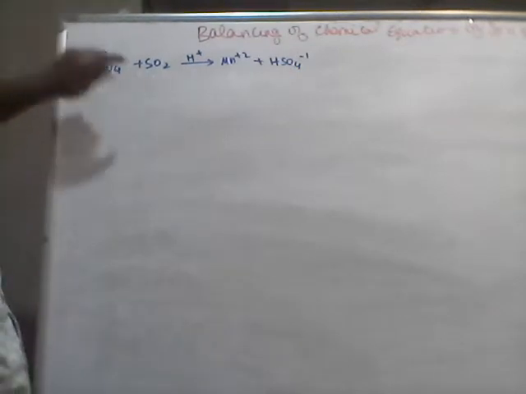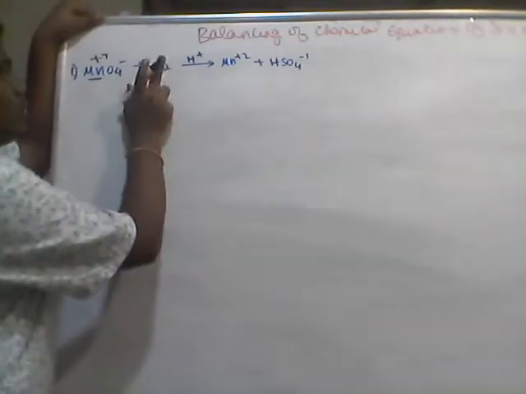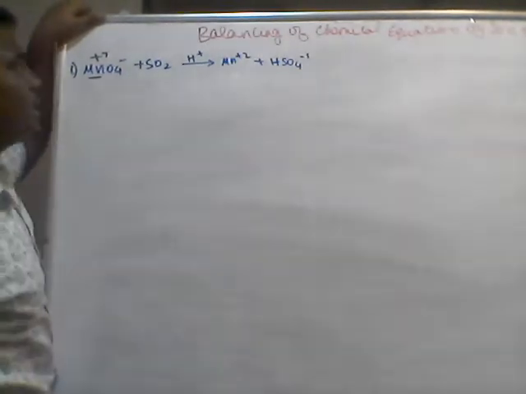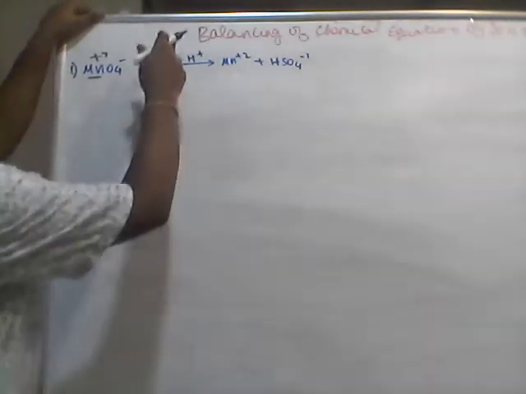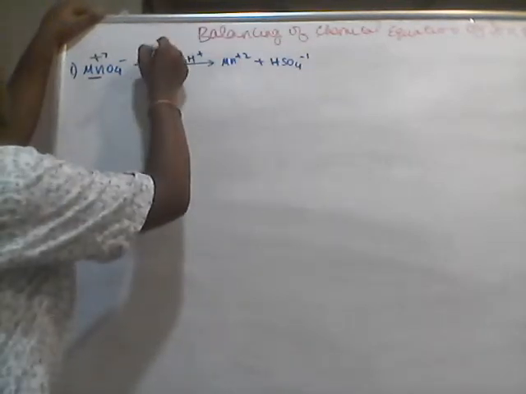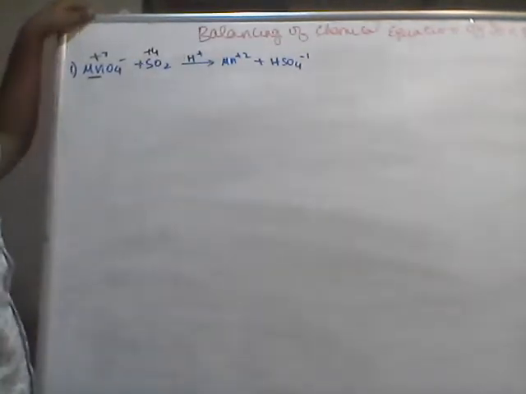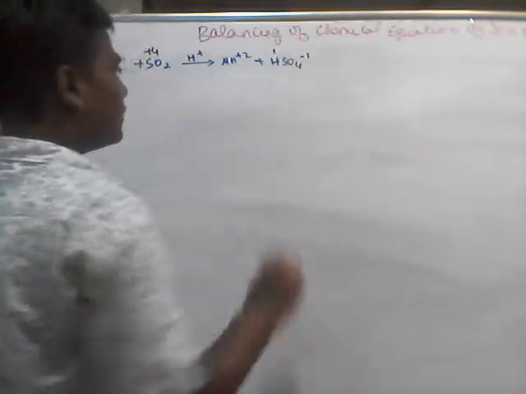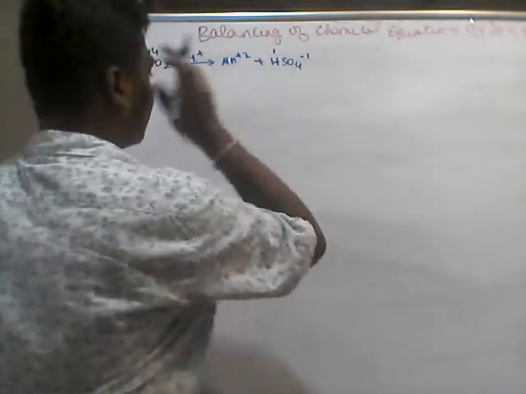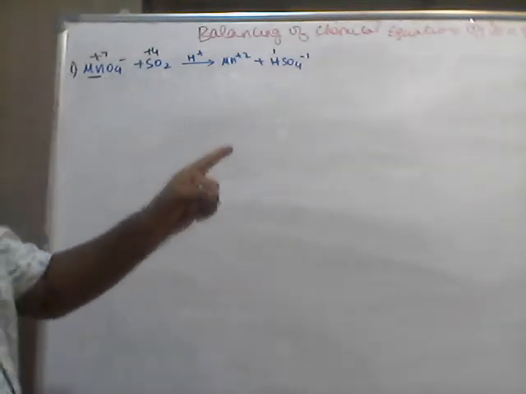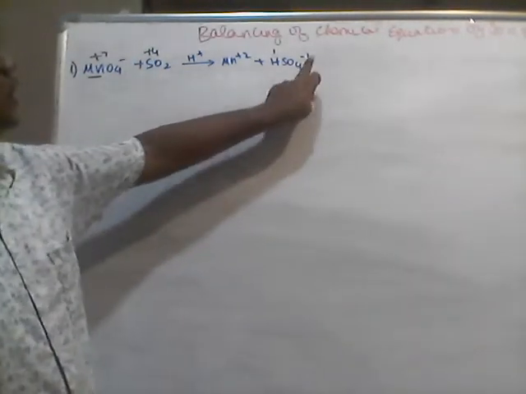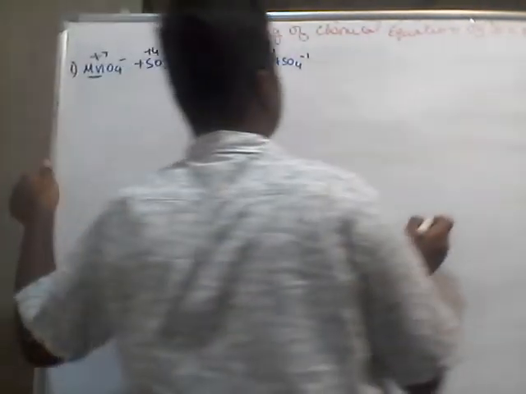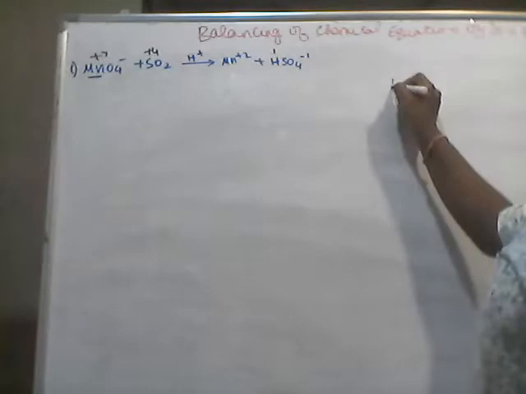Coming to SO2. Here 2 into minus 2 will give me minus 4. Minus 4 going on the other side becomes plus 4. There is 0, so plus 4 is the charge for sulfur here. Mn we already know is plus 2, and in HSO4 hydrogen is 1. I will do this for HSO4 because it's a bit new for us.